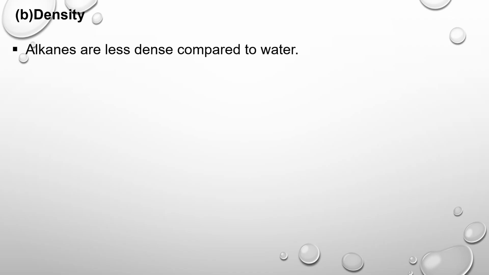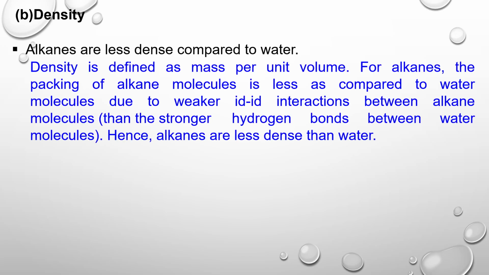Alkanes are less dense compared to water, and the reason for it is the type of intermolecular forces of attraction that exists between the alkane molecules compared to the IMF between the water molecules. You notice that per unit volume, there are fewer alkane molecules compared to water molecules.